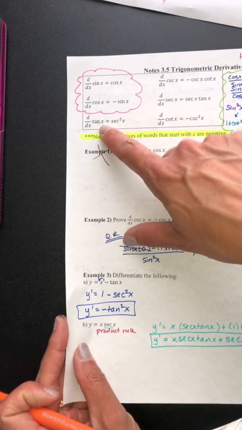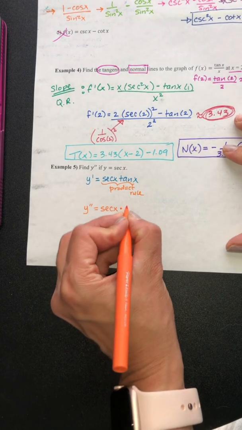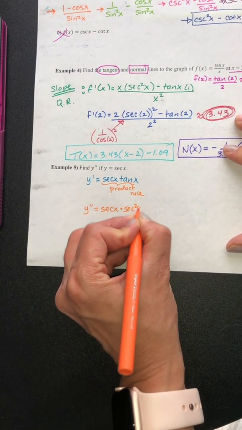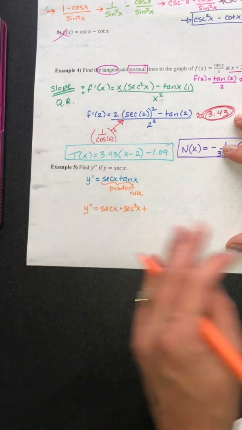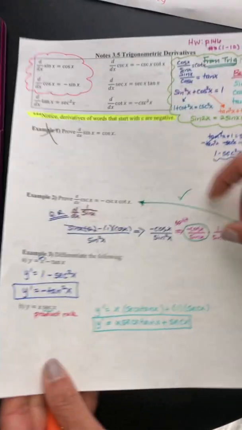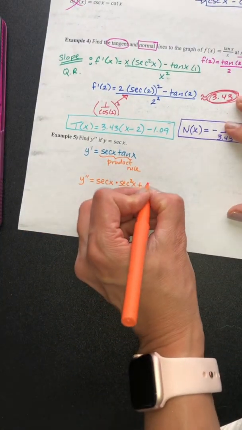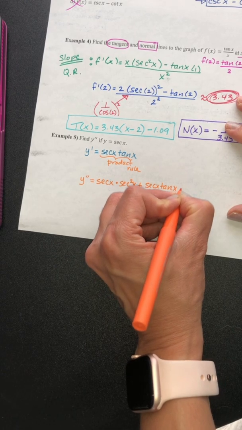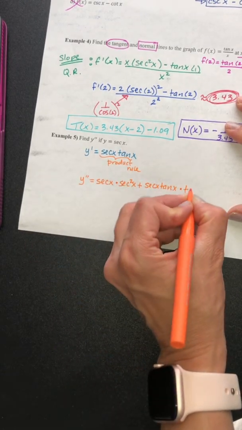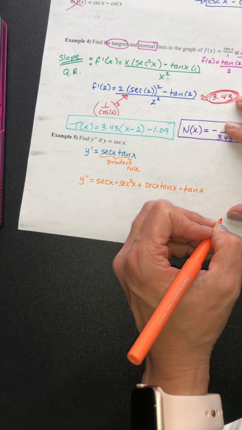The tangent derivative is secant squared, so times secant squared of x, plus the derivative of the first. So the derivative of secant of x is secant x tan x, times the second, which is tangent of x.